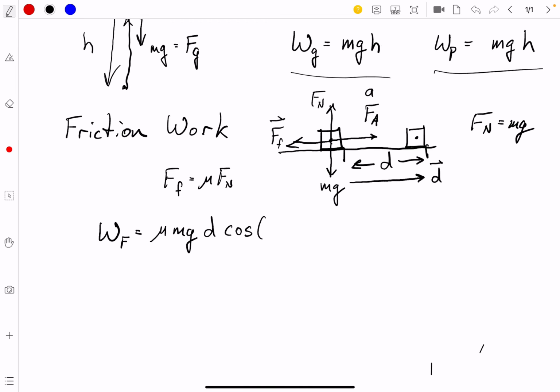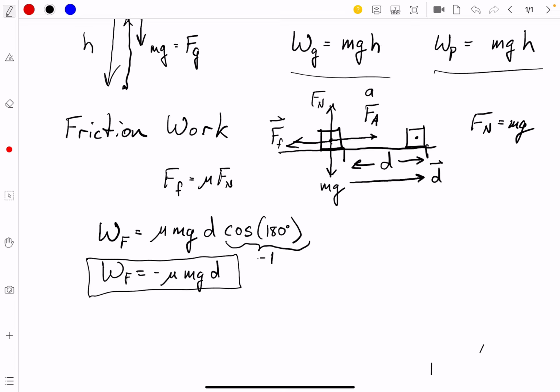But they always oppose each other. It's 180 degrees. So no matter what happens, we've got minus mu mg d, because this right here equals -1. So the work of friction is always going to be negative. It's inescapable, okay? So get it right this time.